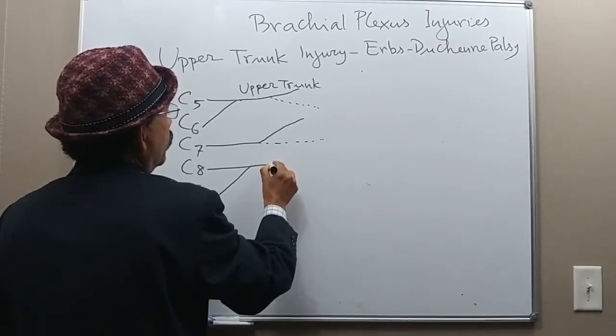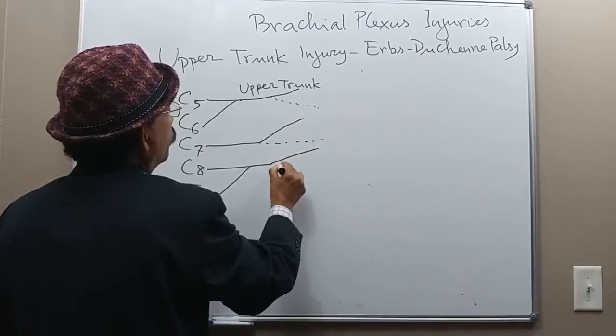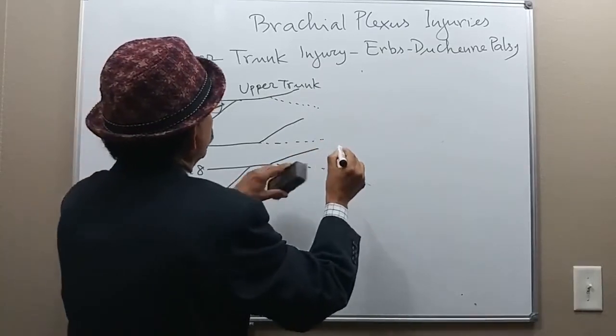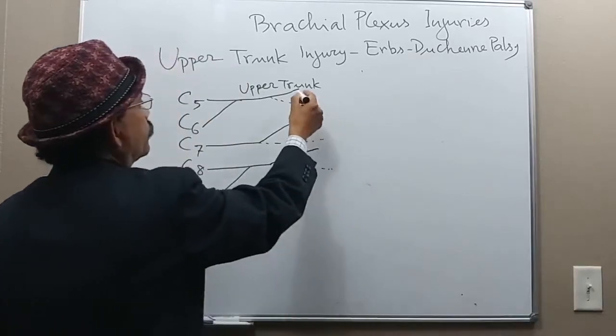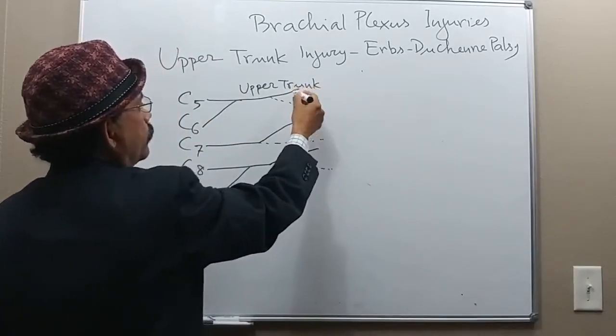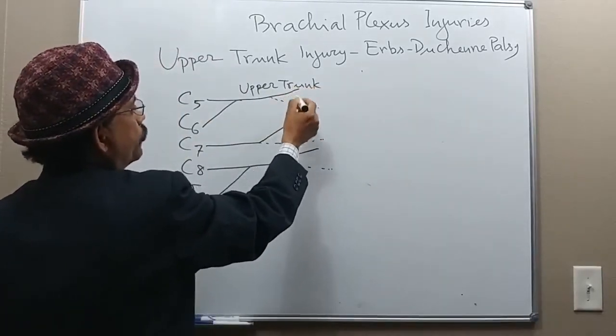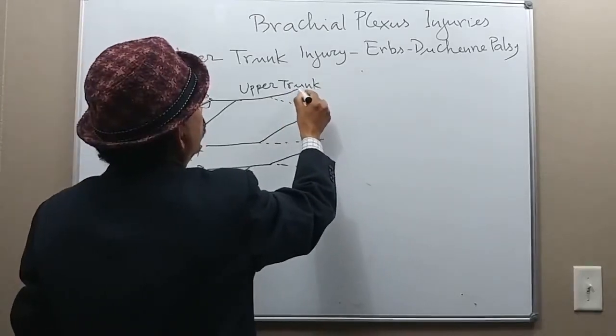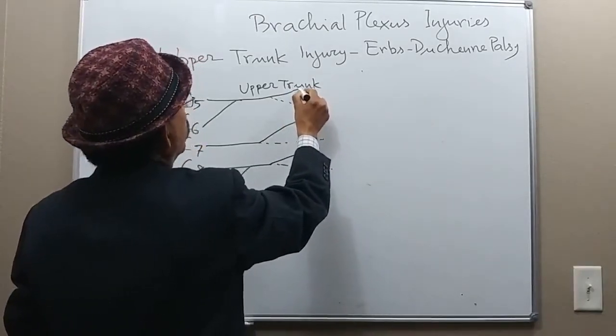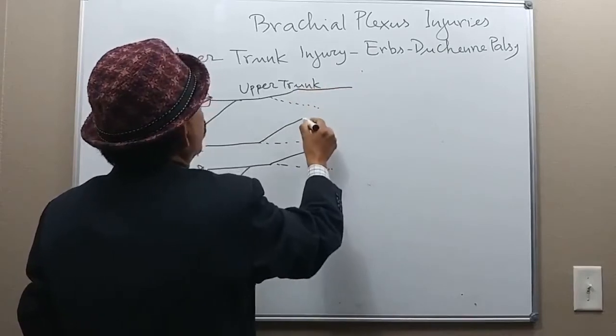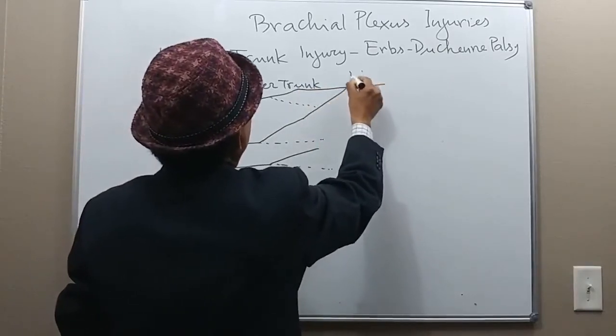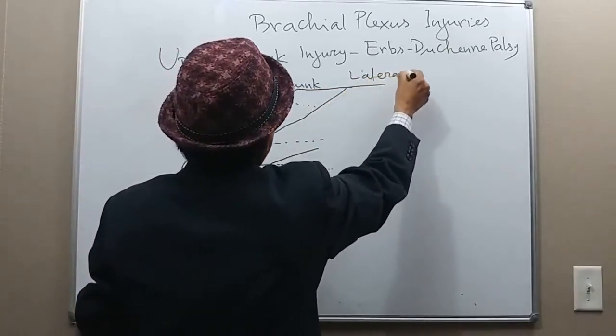The anterior division of the upper trunk and the middle trunk will unite to form the lateral cord.